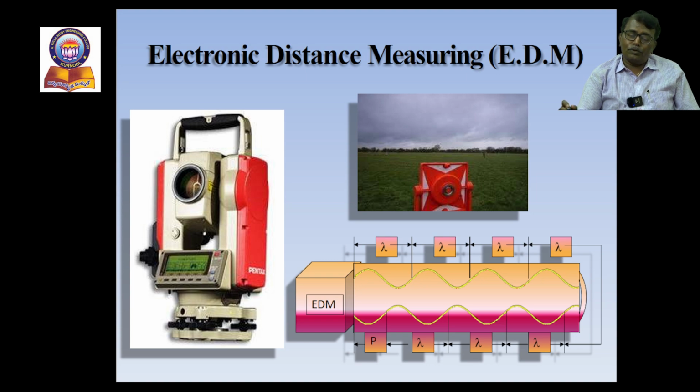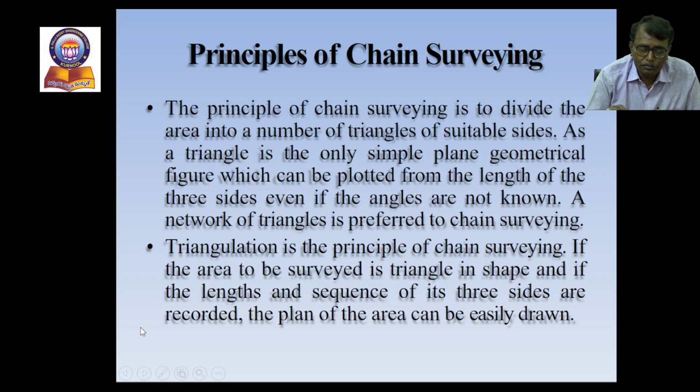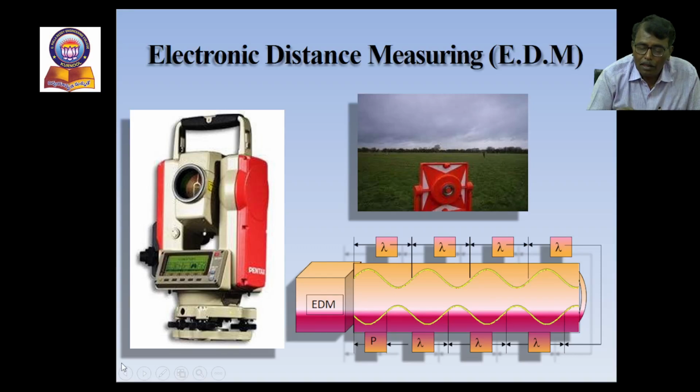Electromagnetic waves are generated from the EDM, and these waves are reflected back through a prism kept at the point whose distance has to be known. This reflected wave again reaches the EDM.